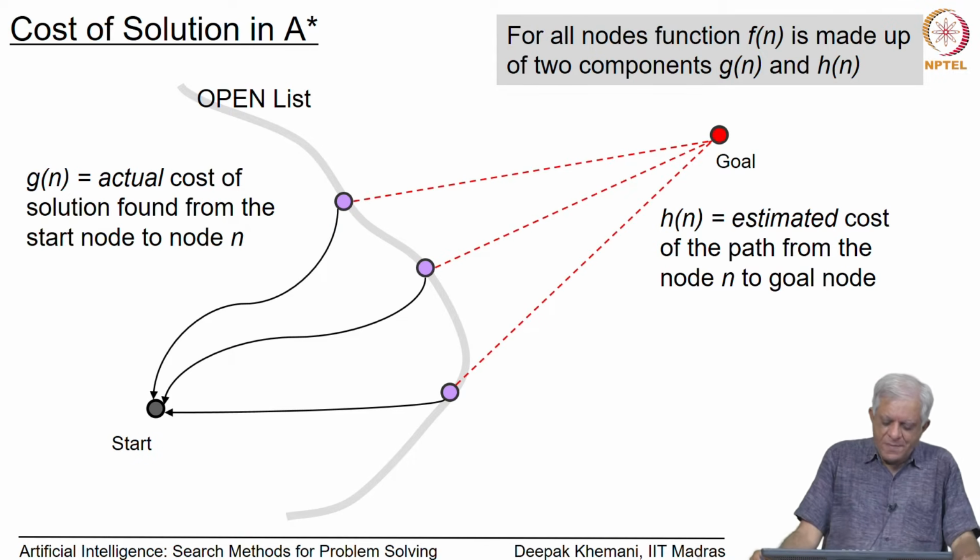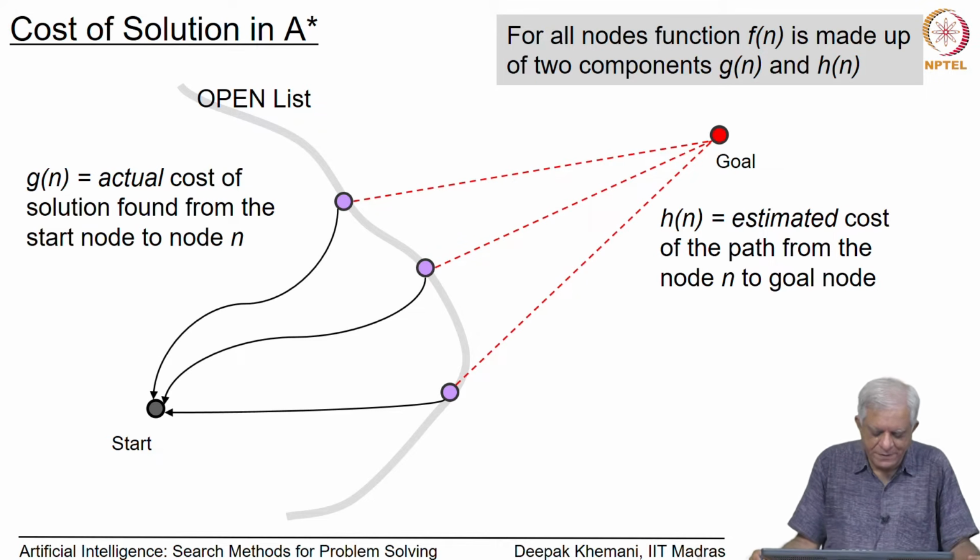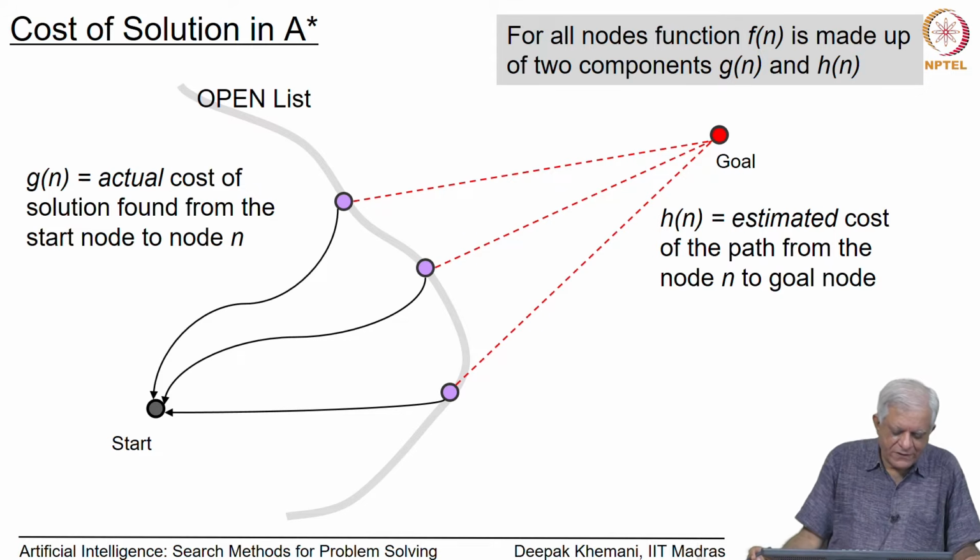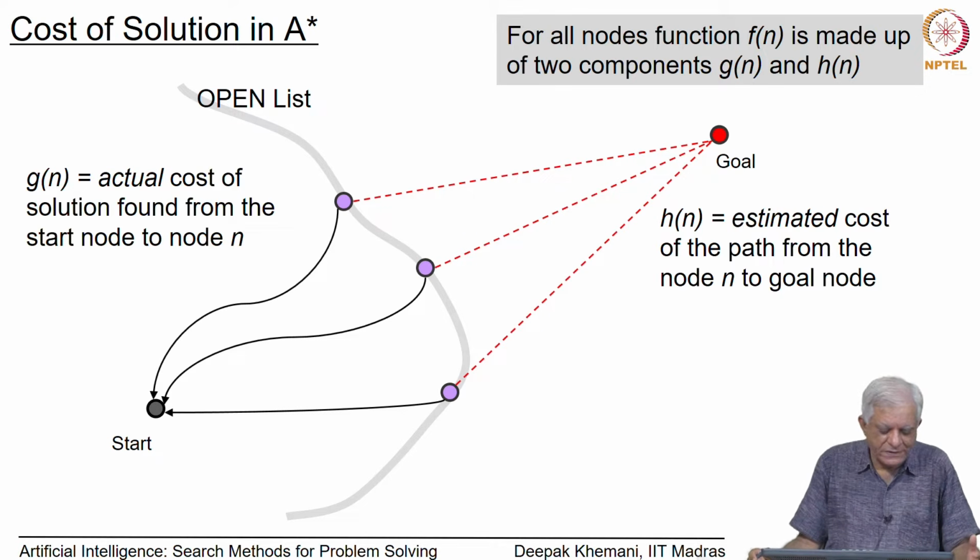What does A star do? For each node on open, you can see that in this open list there are 3 nodes colored in purple, and let us say these are the 3 candidates. For each node, it maintains 2 parameters. One in A star terminology is called g of n, and g of n is the actual cost of the solution found from the start node to this node.